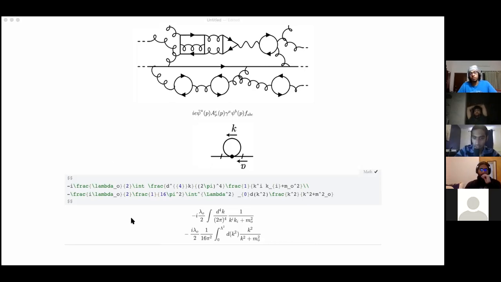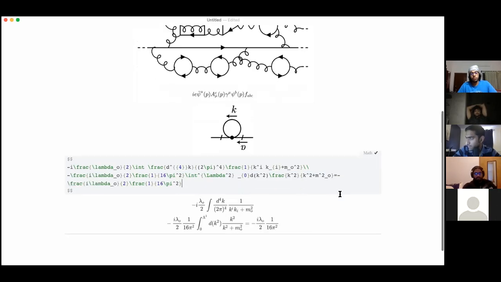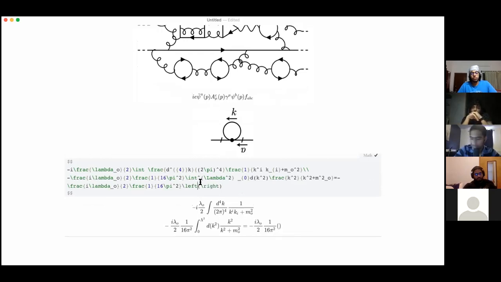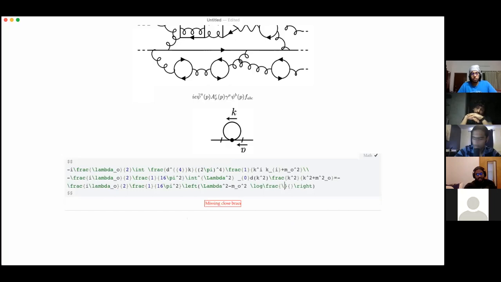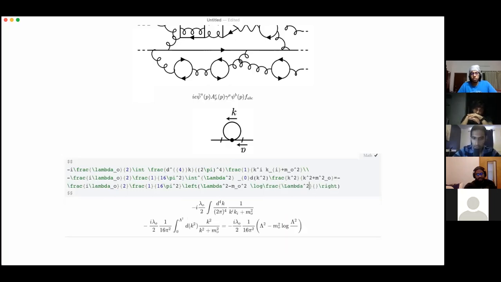Okay, so this is going to be all this stuff times lambda squared minus m naught squared log of lambda squared plus m squared over m squared.